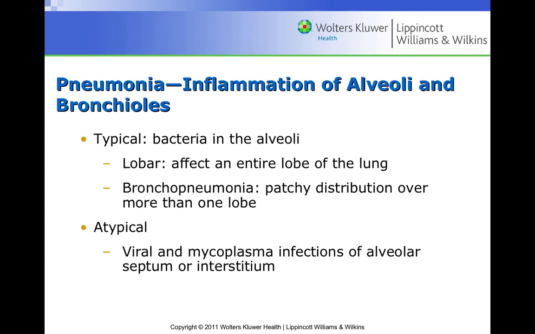The signs and symptoms are related to the course of the disease. Fever is present and it's high, with sudden malaise and a productive cough that transitions from a serous production to a purulent production. How do we diagnose pneumonia?